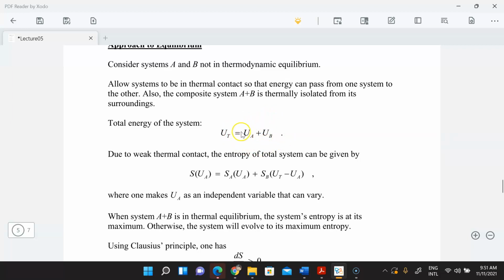But between system A and system B, you allow energy to change. So the energy can pass from system A to system B, for example. Then one could write the entropy of the total system as follows.